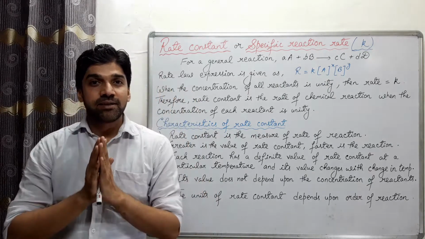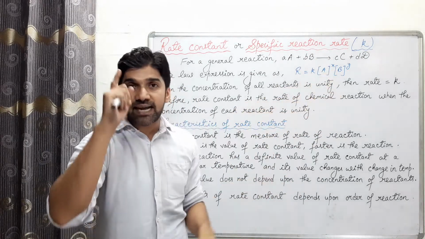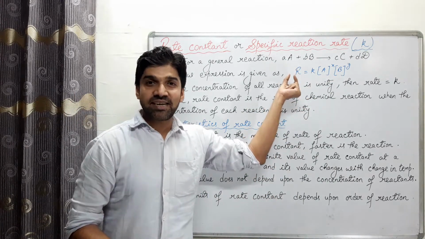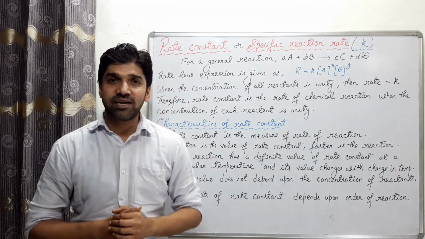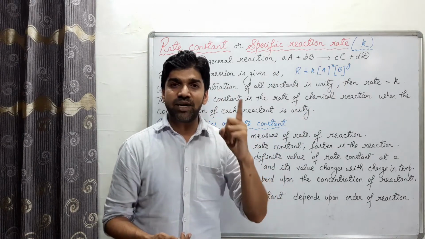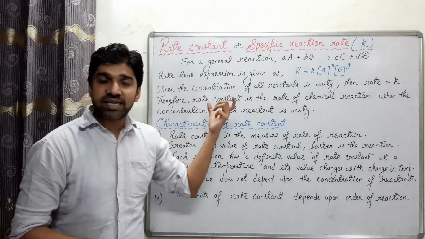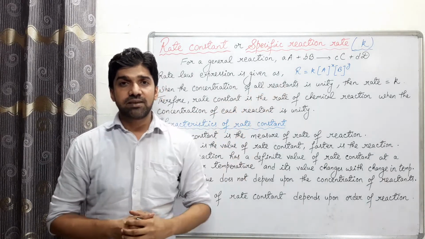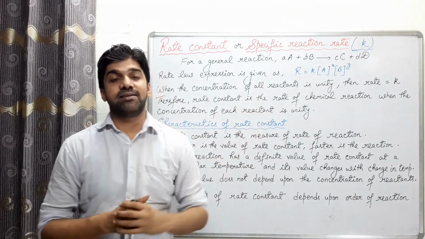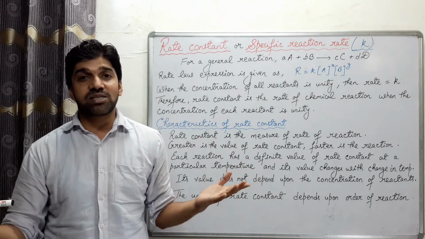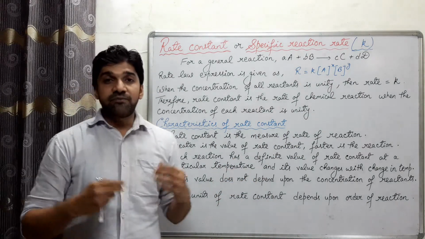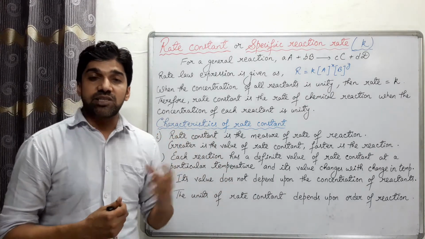If we make the concentration of each reactant as 1, as unity, then the rate of reaction is equal to rate constant k when the concentration of each reactant is unity. That is written here: the rate constant k is the rate of chemical reaction when the concentration of each reactant is unity. That's the simple definition of rate constant k, the specific reaction rate k.